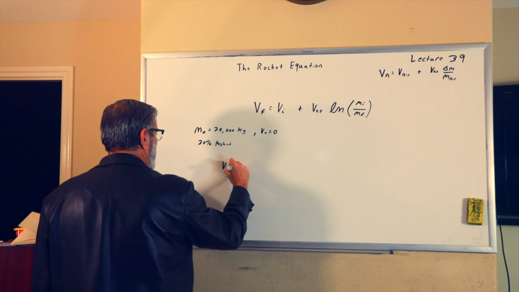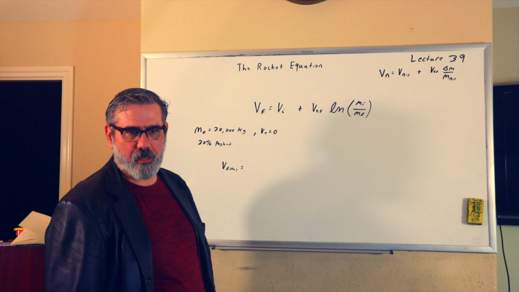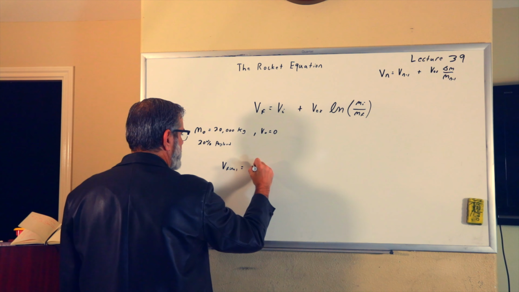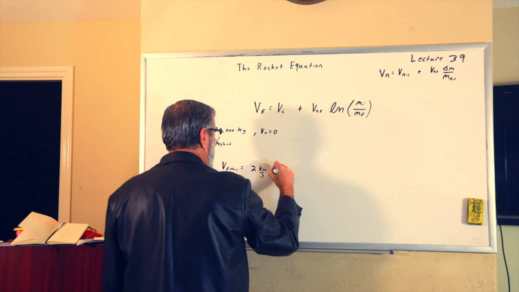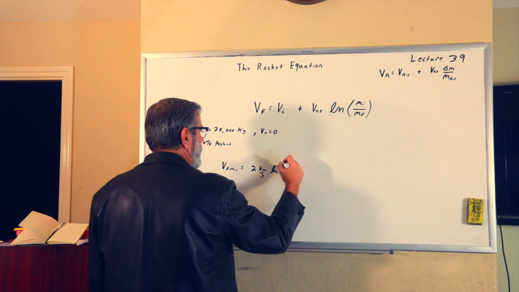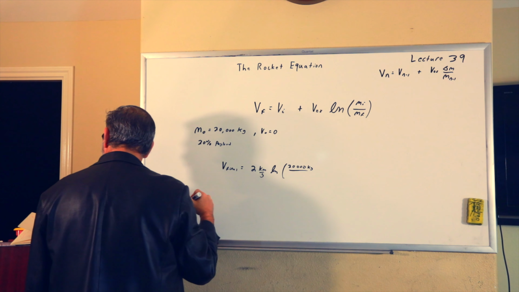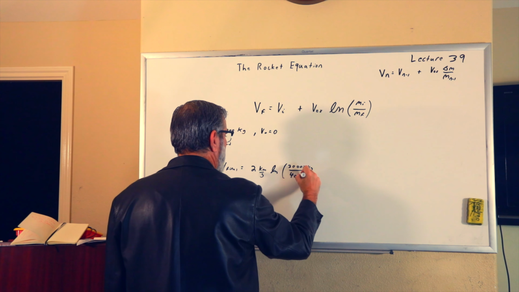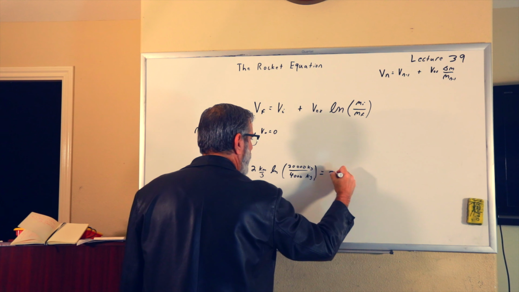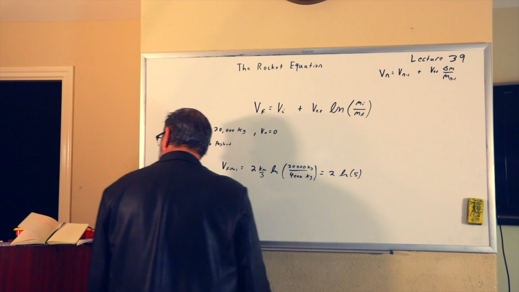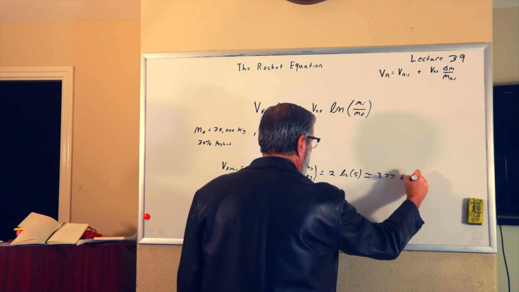Then the final velocity will be, remembering our exhaust velocity of 2 kilometers per second, 2 kilometers per second, I didn't put in the 0 initial velocity, but it's there, times the natural logarithm of the initial mass, 20,000 kilograms, over the final mass, 4,000 kilograms. That equals 2 times the natural logarithm of 5, which is approximately 3.77 kilometers per second.